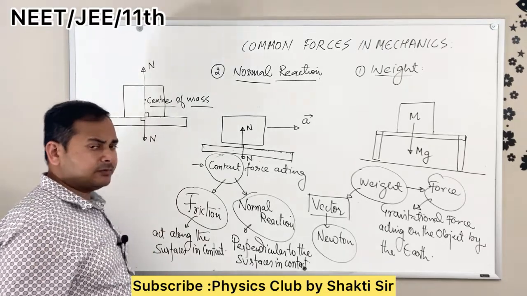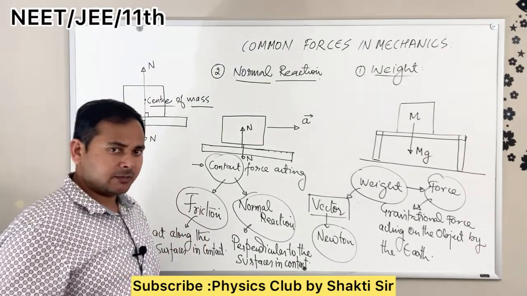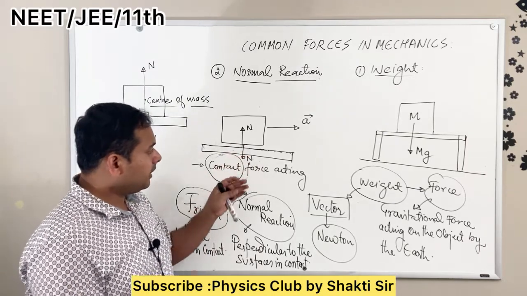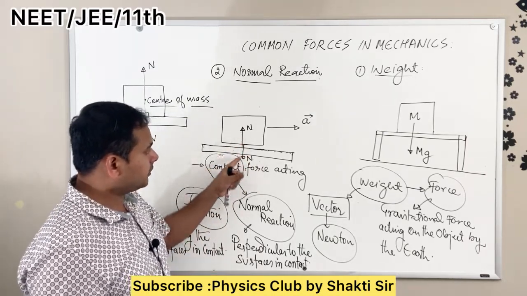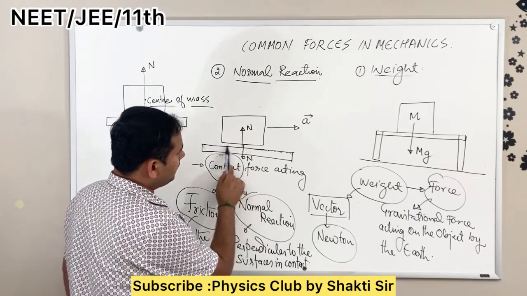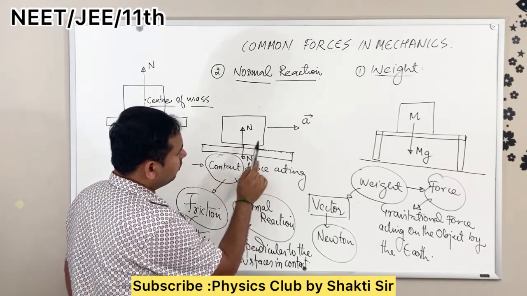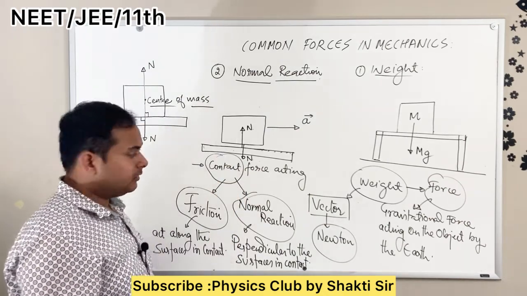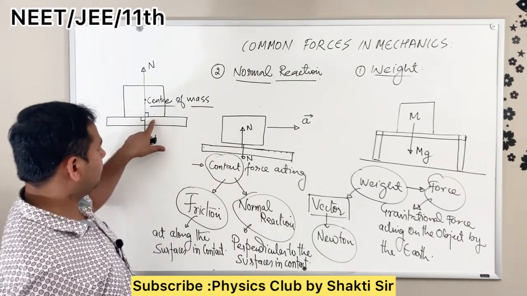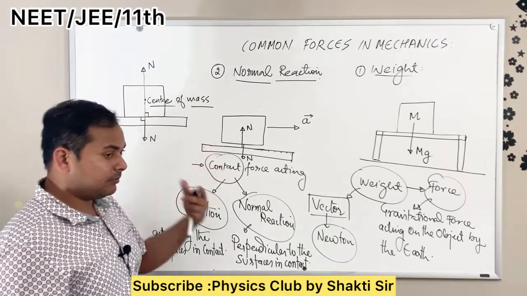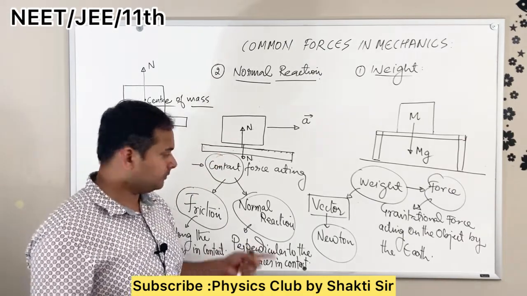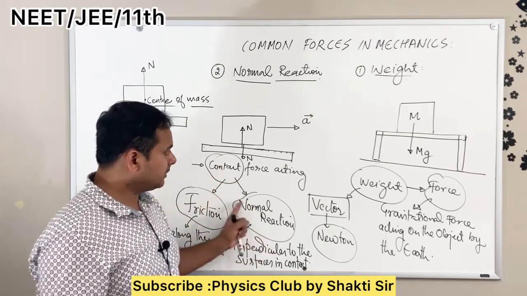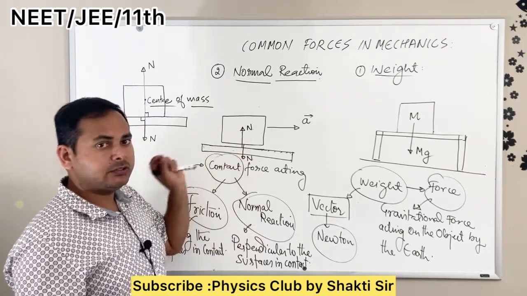So to make it simple, what is normal reaction? The normal reaction is nothing but the perpendicular force acting on the surfaces in contact. Here there are two surfaces in contact. One surface is from the block side and one surface is from the platform side. Due to this contact, a normal reaction is generated which acts perpendicular to these surfaces.